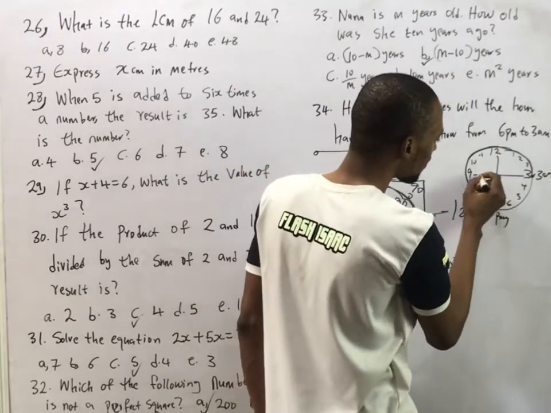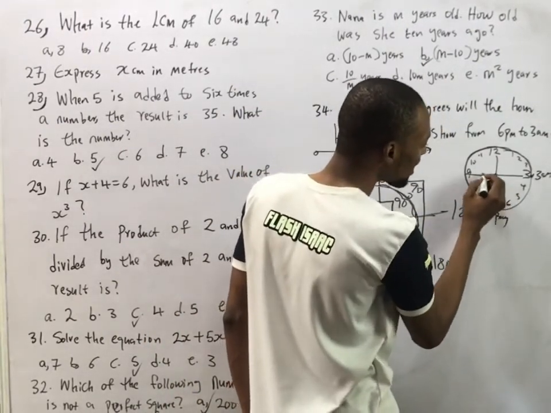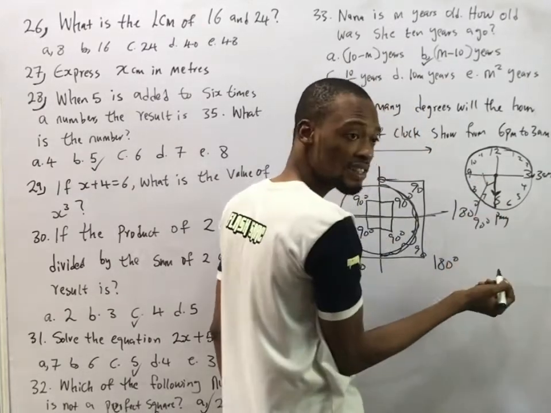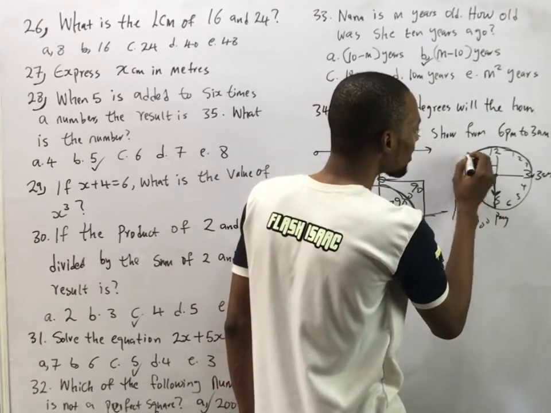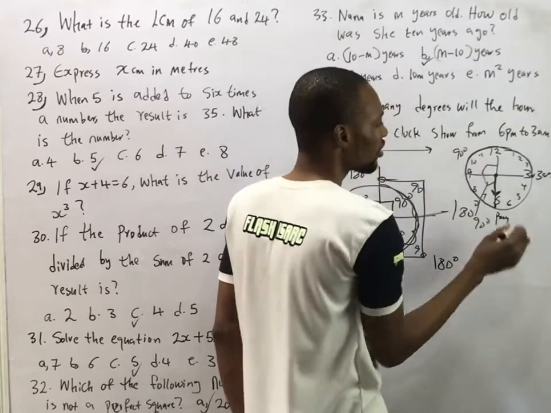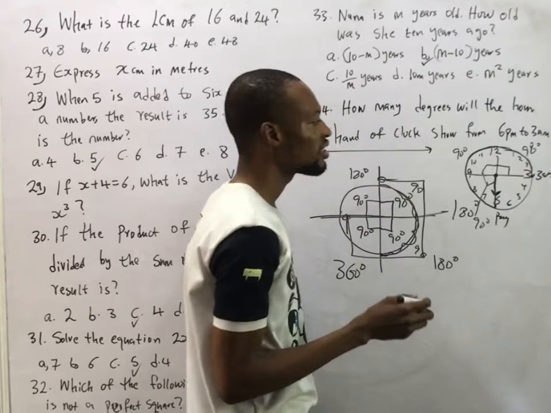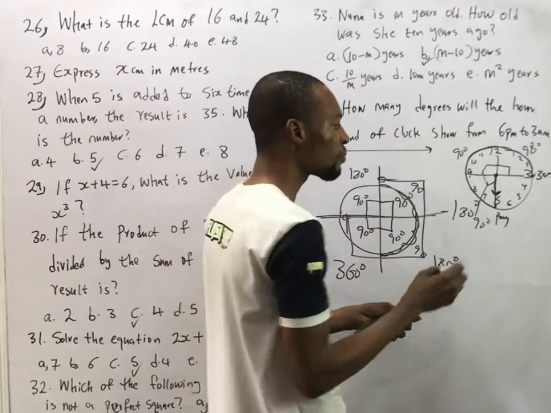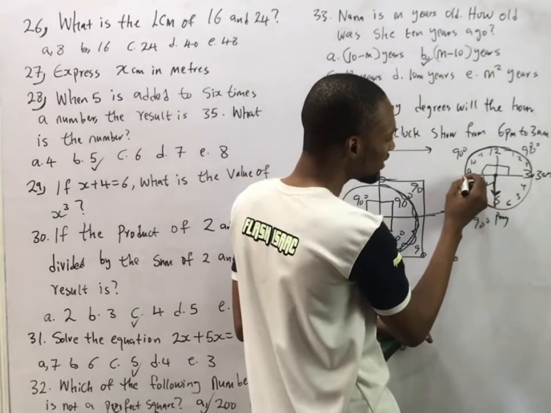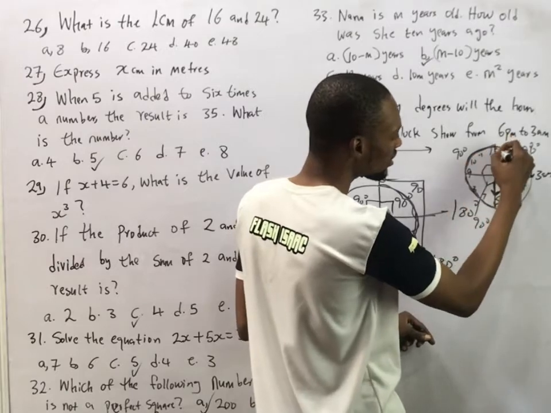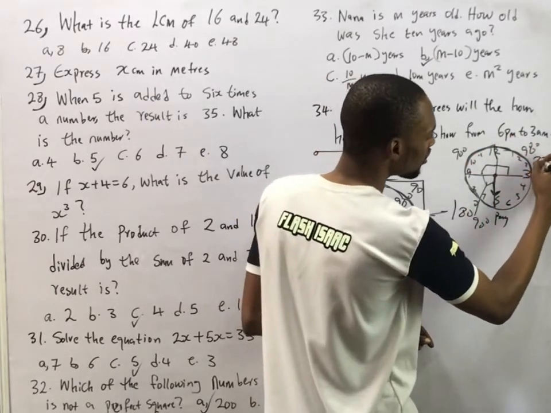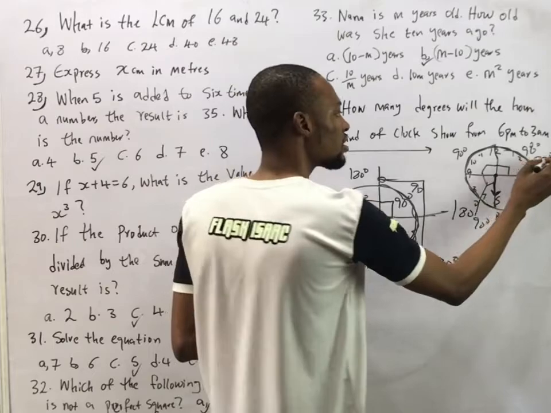And remember, from here to here is 90 degrees, right? From here to here is another 90 degrees. From here to 3 is 90 degrees. Therefore, the clock moved from 6 p.m., 90 degrees, 180 degrees, 270 degrees. So that's 270 degrees.